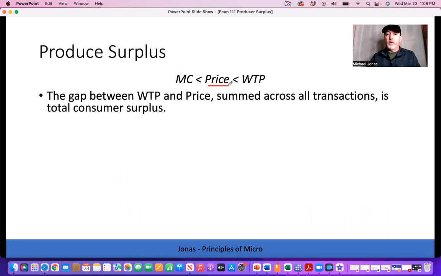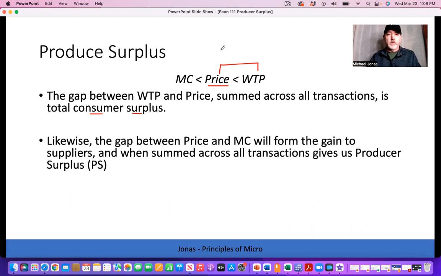So once again, what we've already seen, the gap between willingness to pay and price, summed up across all transactions that occur, represents that net benefit, the gains from trade going to the consumer or the buyer. That's our consumer surplus. Well, all we need to think about is the gap in the other direction, right?